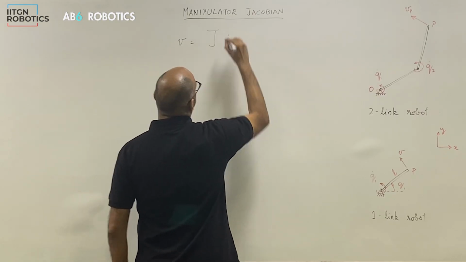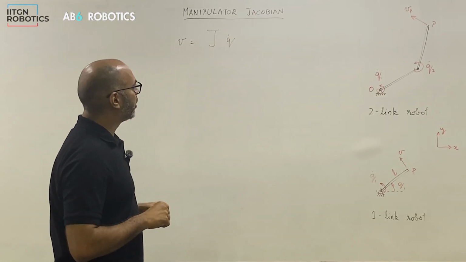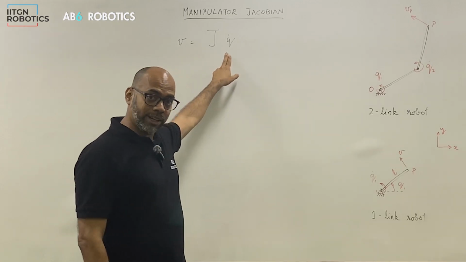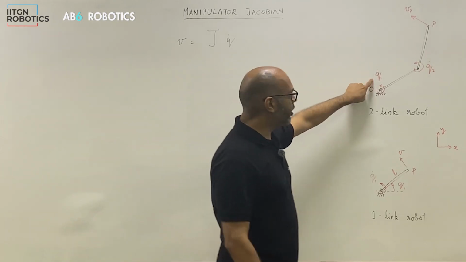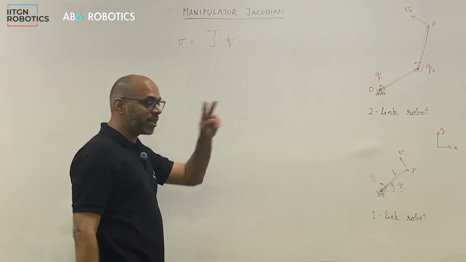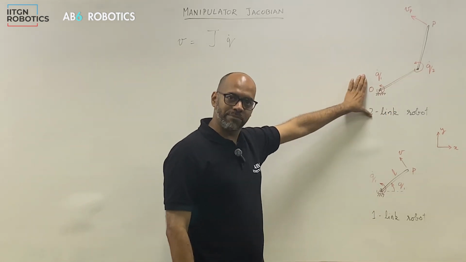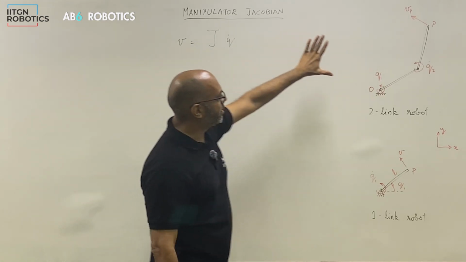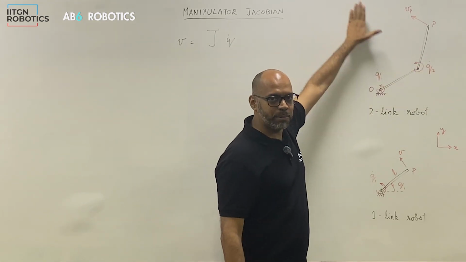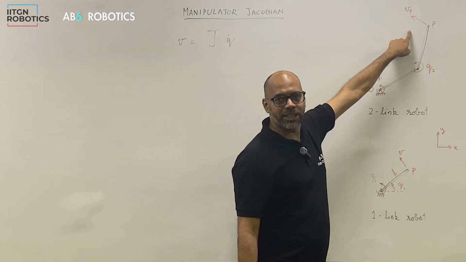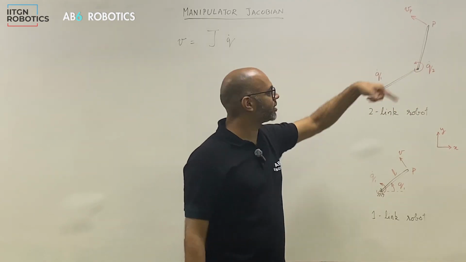In terms of an equation, you would have velocity equal to a matrix, which is the Jacobian, times q dot, and there are a few comments in order here. When I write q dot, it's now a vector: the first component is q1 dot, the second component is q2 dot, so it's a two-dimensional vector in this particular example. And for the velocity, if we assume everything is planar, so the robot is just moving in the plane, the velocity will have two components, x and y.